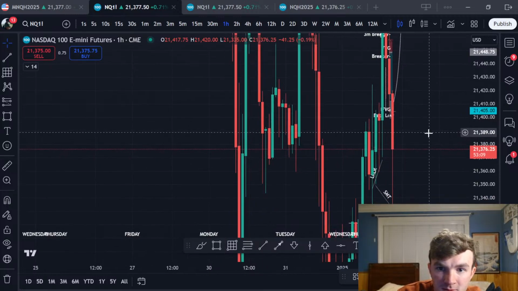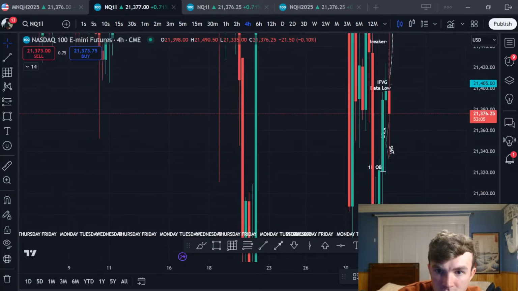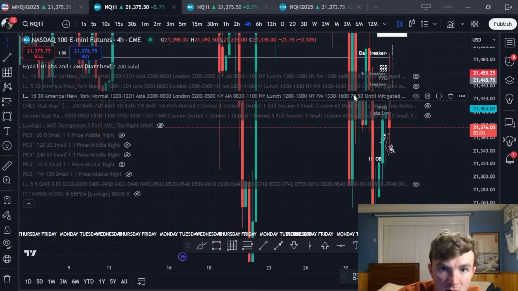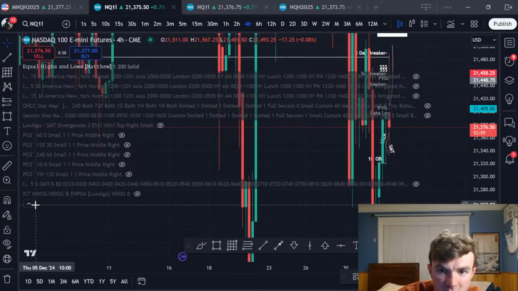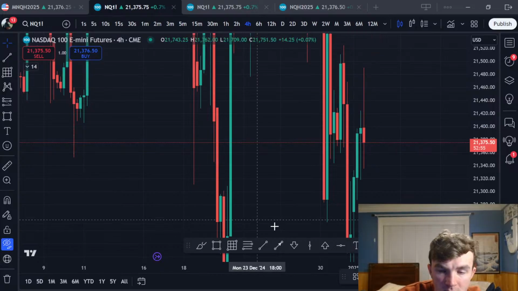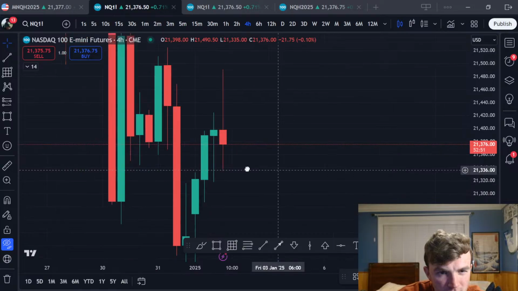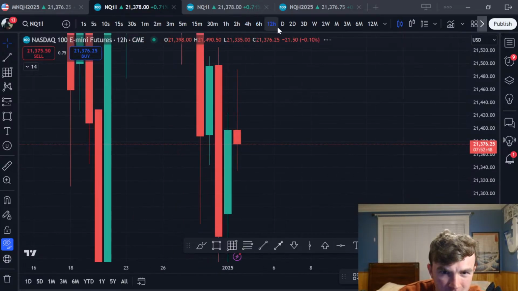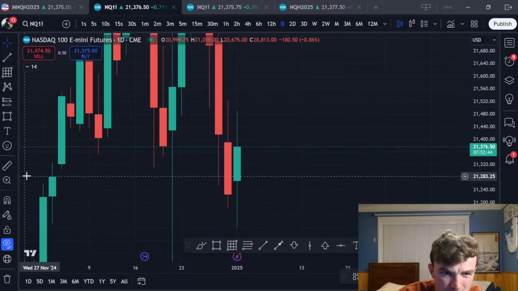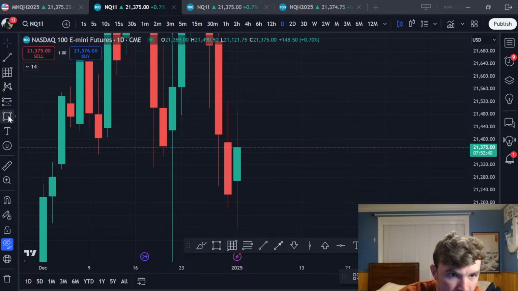Actually, we have this one. Let's take a look at what's really going on here. I'm not seeing 4-hour key levels. What's this? It's the old New Day opening gap.